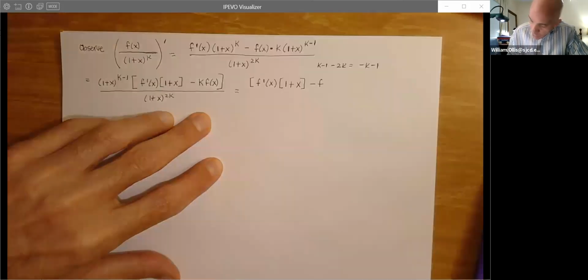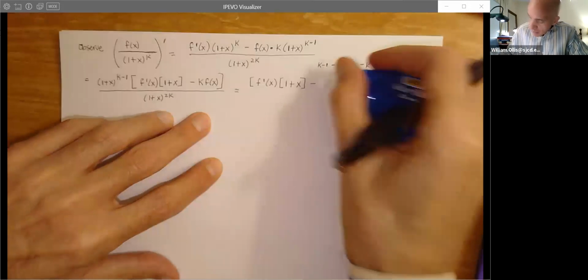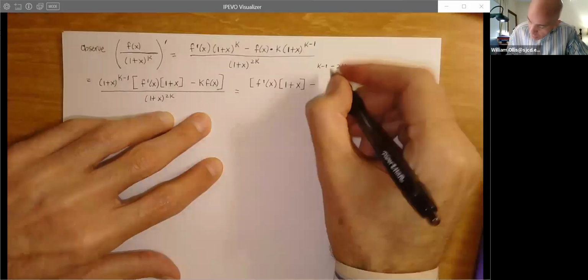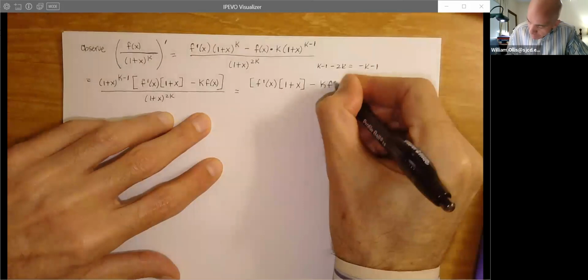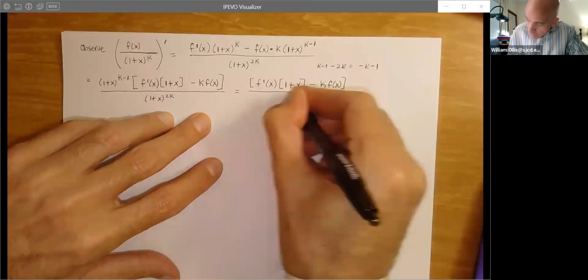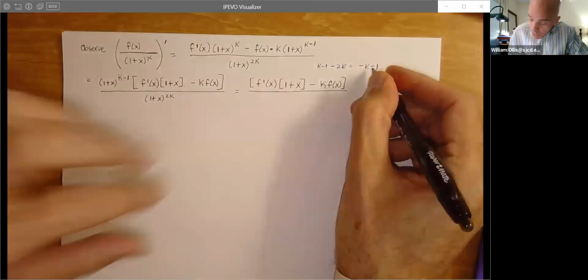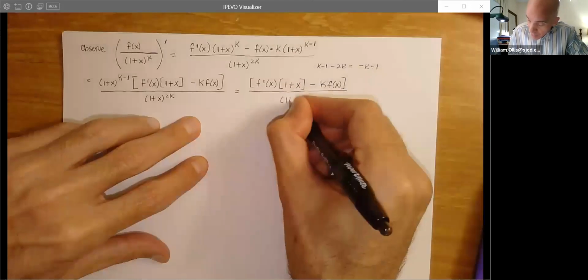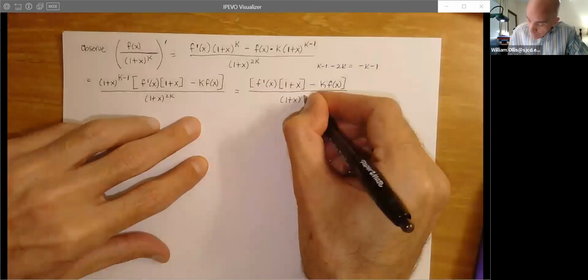Let's put the k first. It's better to put the constant k first. And then if we take everything downstairs, this is 1 plus x to the k plus 1.